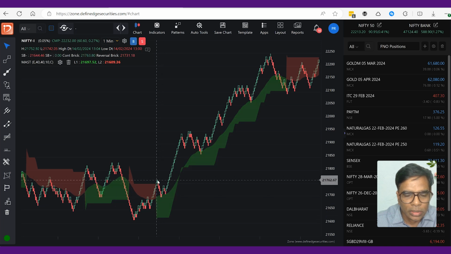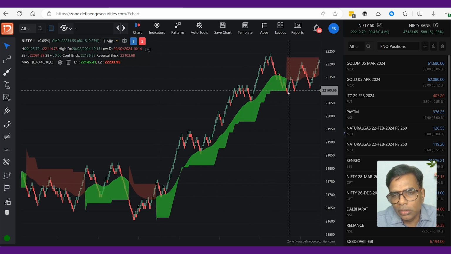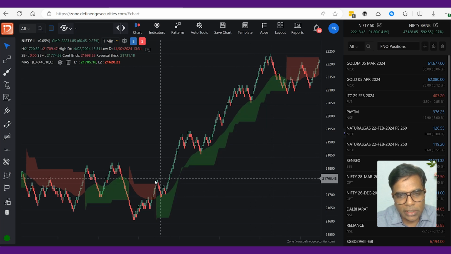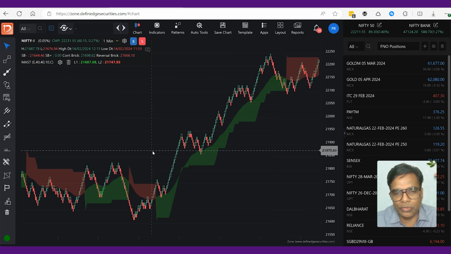Closes above the bullish MAST, like it has happened here, then we go long, and then we exit when it goes below this bearish MAST, which is here. So we are staying in this trade from here to here. Now this is done on futures, Nifty continuous futures. So this will be the trading system, but instead of doing it on futures, we are going to do this on a long call strategy.